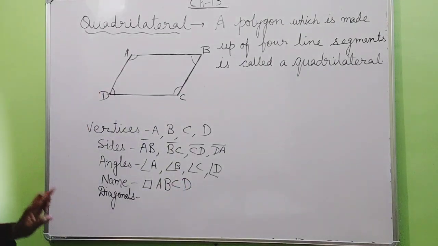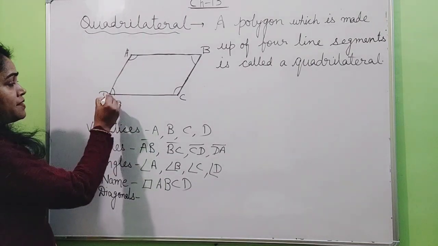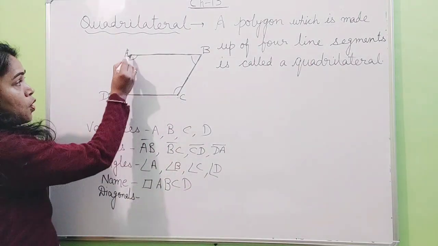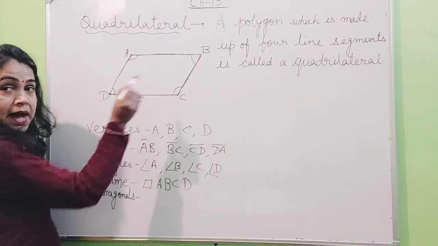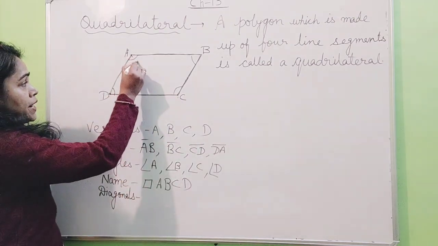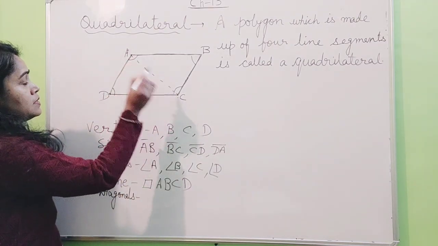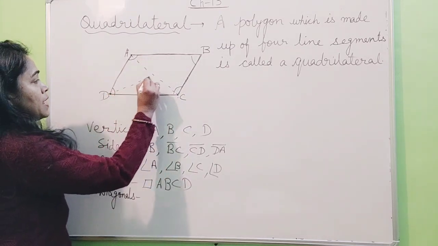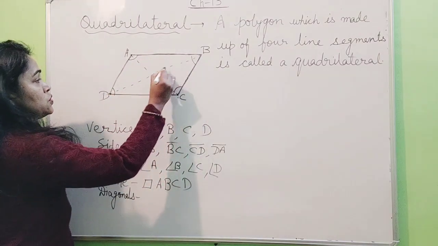Next new term is diagonal. What is a diagonal? See, these 2 points are meeting, these 2 points are meeting, but the opposite vertices are not meeting. So if we join opposite vertices using line segments, how many line segments are possible? 2.